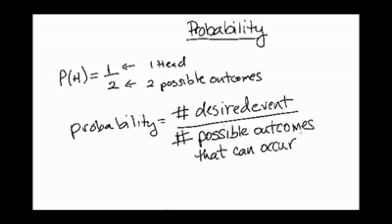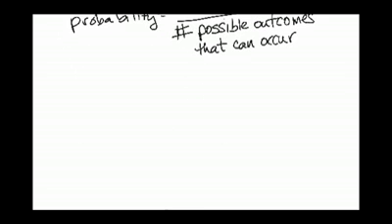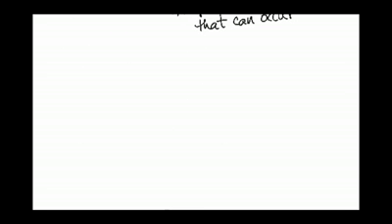So let's look at another example. What is the probability of getting an ace out of a deck of cards? Well, those of you that don't know, there's a total of 52 cards, not including the jokers and the rule card.